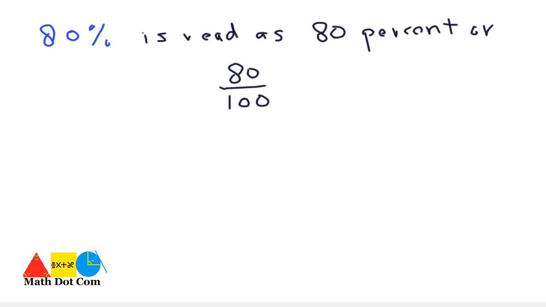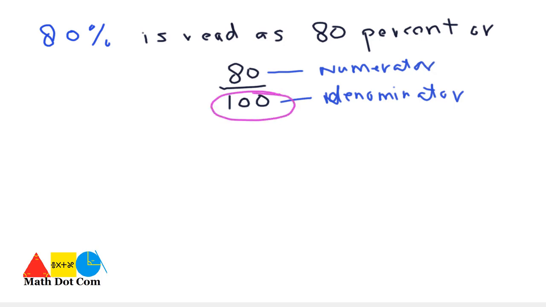It means we have 100 in the denominator, and this is the numerator. There could be anything in the numerator, but for a percentage you must have 100 in the denominator. So 80% means out of 100 there are 80 parts. We will discuss it in detail in the next few examples.